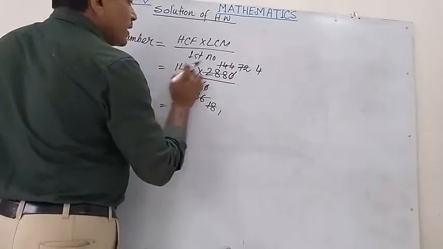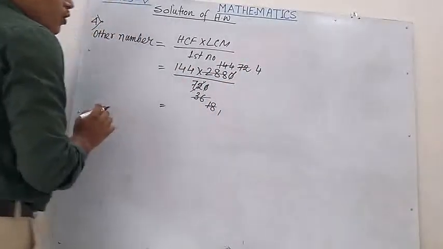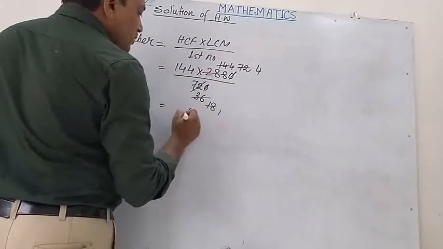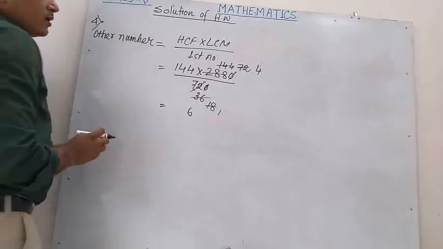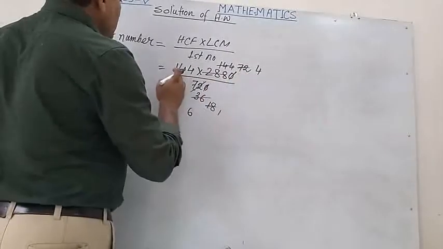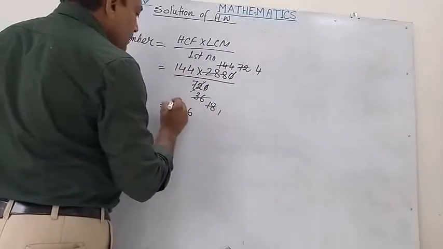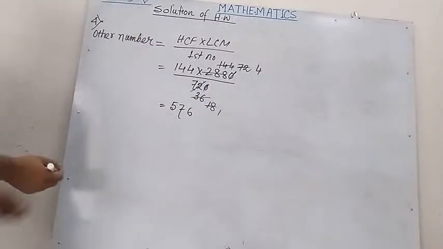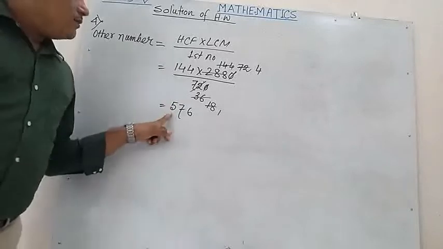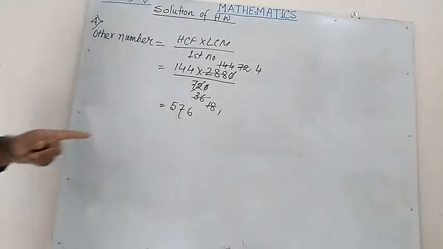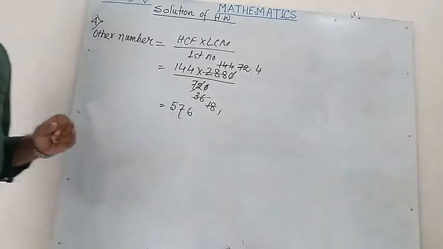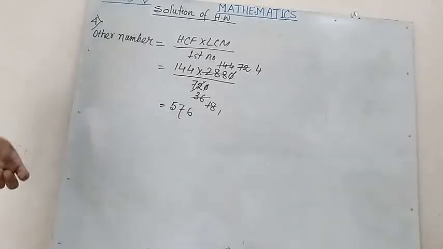So 144 into 4: 4 fours are 16, 6 and 1 in hand, 4 fours... 4 fourteens are 56 and 1 is 57. So the other number is 576.